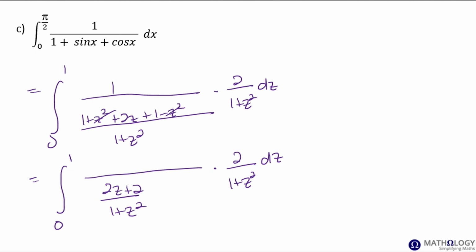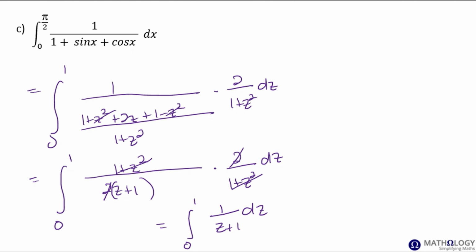And then we're going to flip this around. So we're going to have (1 + z squared) over (2z + 2). 1 + z squared cancels with 1 + z squared. We can then take out a common 2 at the bottom, so 2 times (z + 1). The 2's are going to cancel, and that will give us the integral from 0 to 1 of 1 over (z + 1) dz, which is the integral of 1 over (z + 1), just ln|z + 1|, evaluated between 0 and 1.